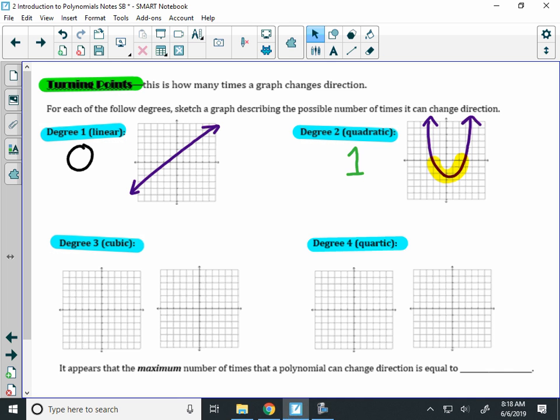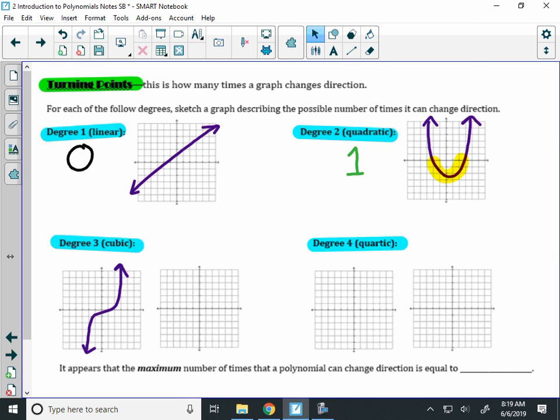When I get to degree 3, there's actually 2 options here of drawing a degree 3 polynomial. The first one is going to look like this. So I'm going to come up, I'm going to flatten out a little bit, and then go back up. That's actually what your parent function for the cubic function looks like. I know it flattens out in the middle, but that's actually not a turn. The graph never stops going up. It doesn't go down and back up.